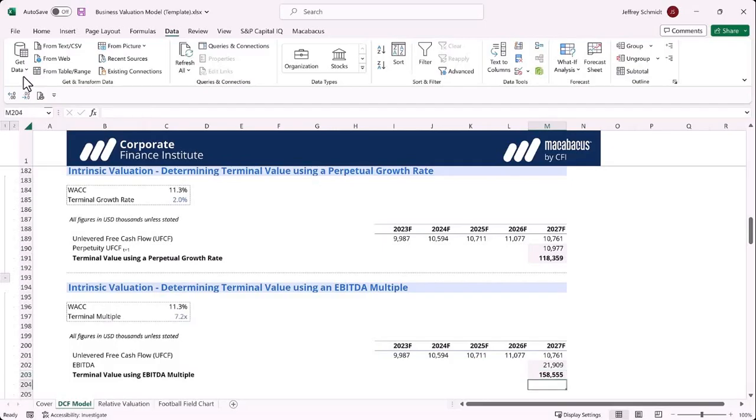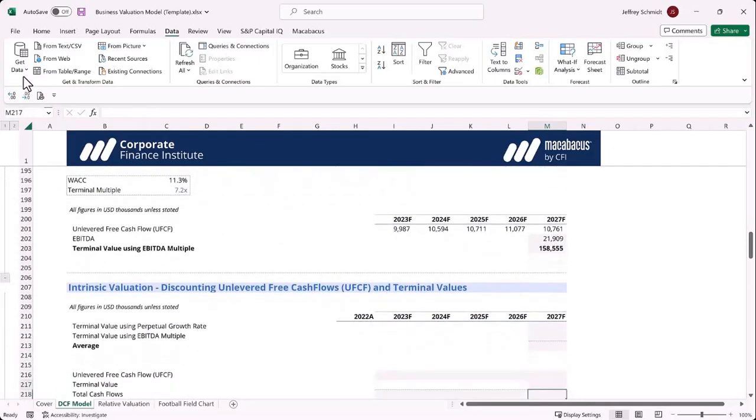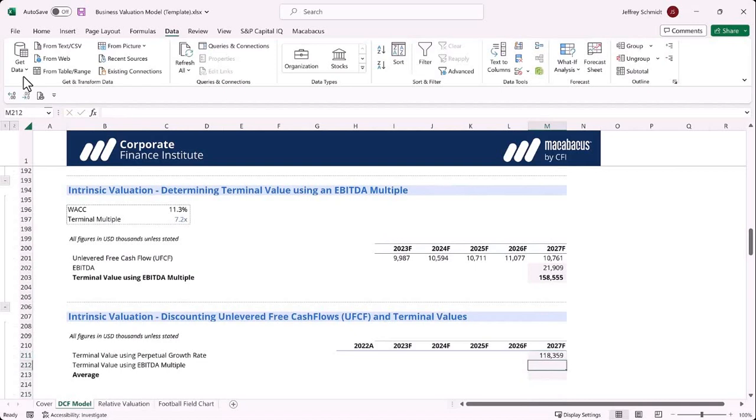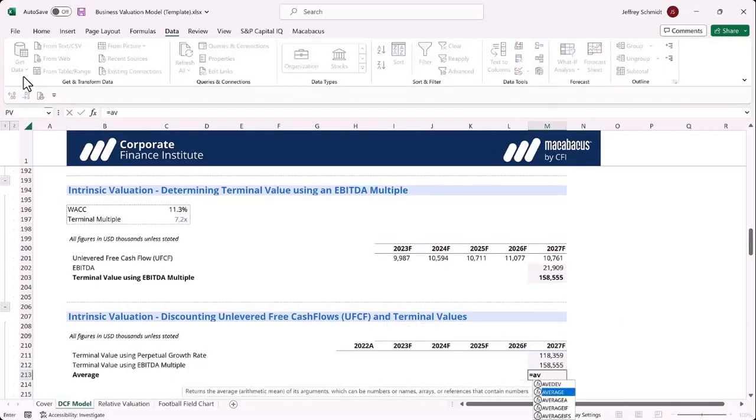Now, it's not that big of a deal because what we're actually going to do is just average the two terminal values together. So we'll reference the terminal value using the perpetual growth rate. We'll reference the terminal value using our terminal multiple, and we'll just average those together. We'll select those.